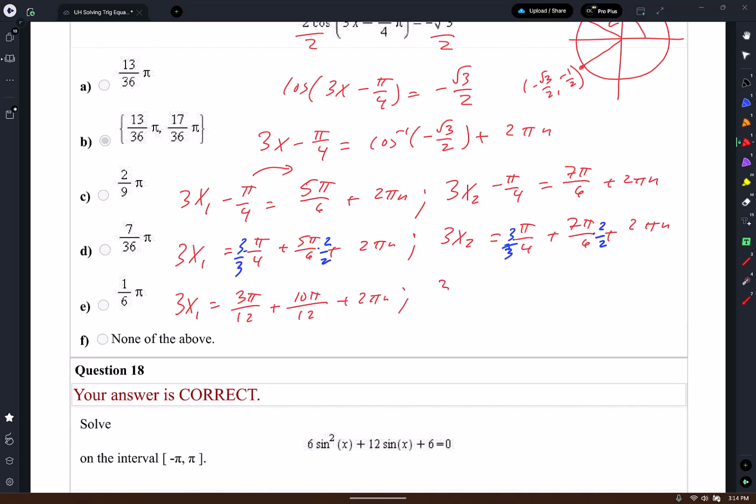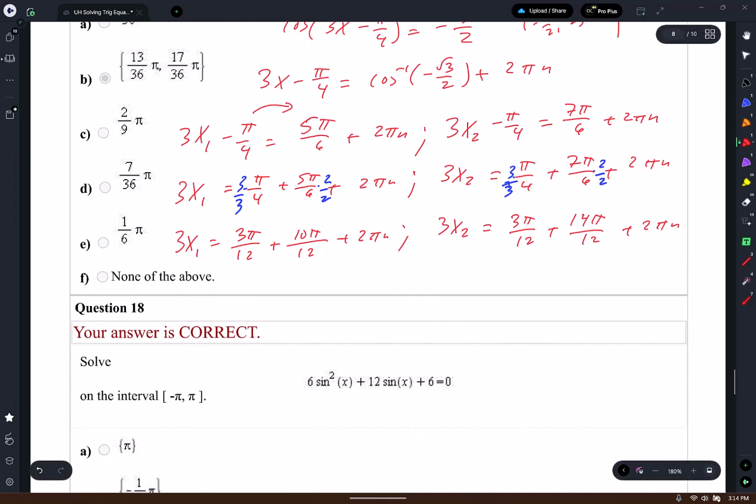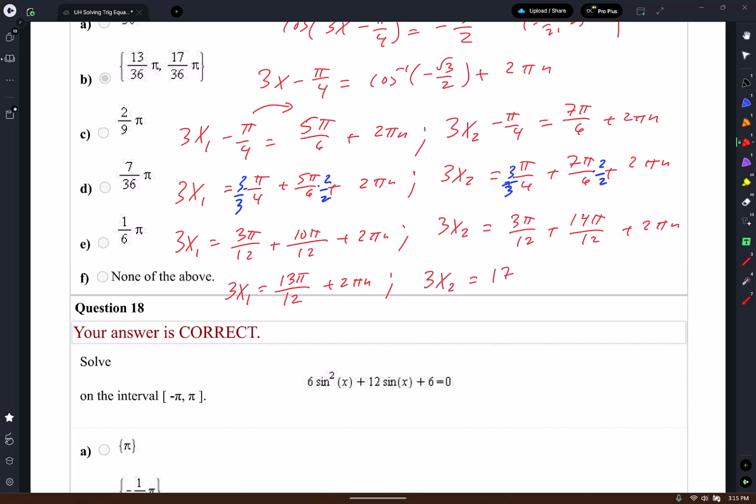Don't worry, right now we'll add them up. 3x2 equals 3 pi over 12 plus 14 pi over 12 plus 2 pi n. Here we go. 3x1 equals, what's 10 plus 3? So 13 pi over 12 plus 2 pi n, semicolon. 3x2 equals 14 plus 3. So 17 pi over 12 plus 2 pi m.